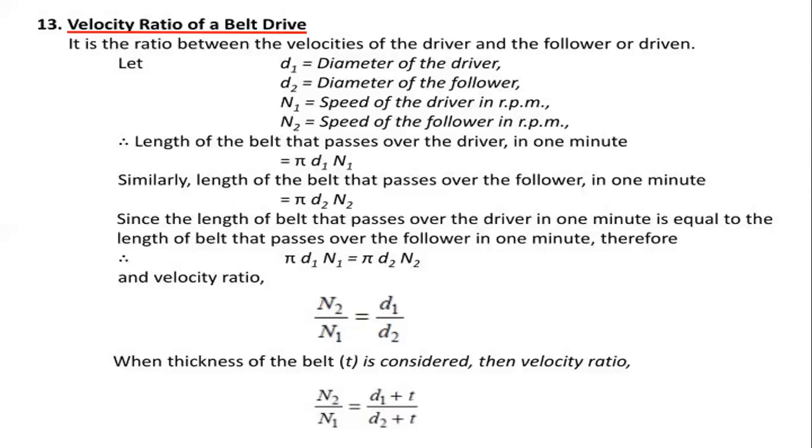Then the length of the belt that passes over the driver in 1 minute is equal to the length of the belt that passes over the follower. We take both for the follower as well as the driver.